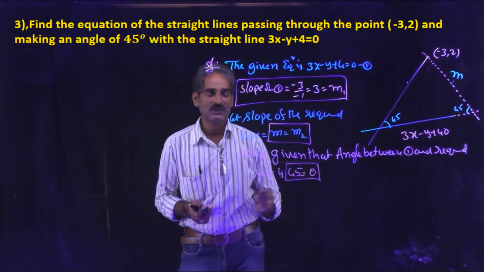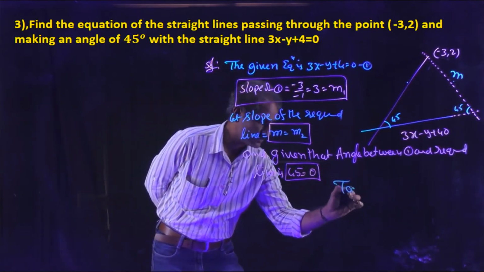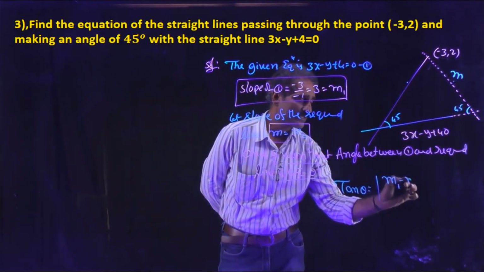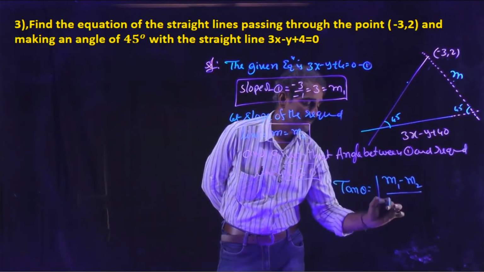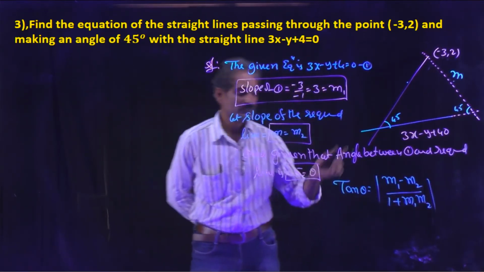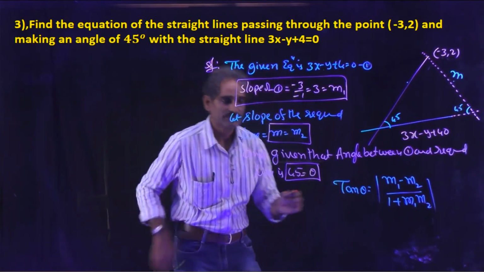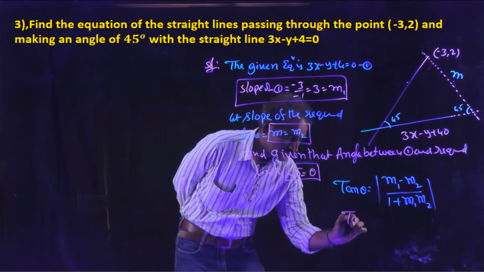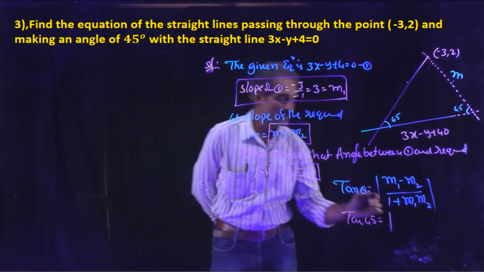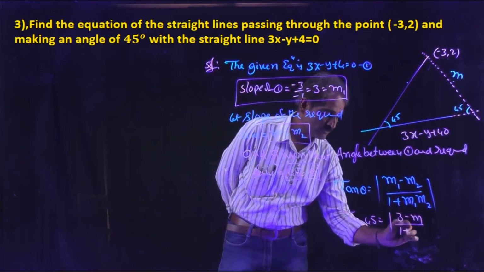Now apply the tan theta formula. Tan theta is equal to modulus of (m1 minus m2) by (1 plus m1 m2). Just substitute the values: tan 45 degrees is equal to modulus of (3 minus m) by (1 plus 3m).